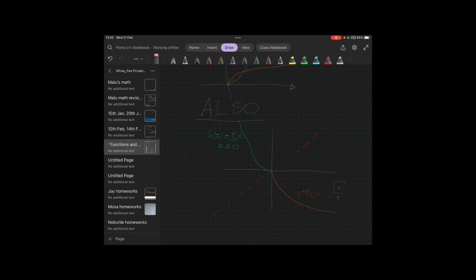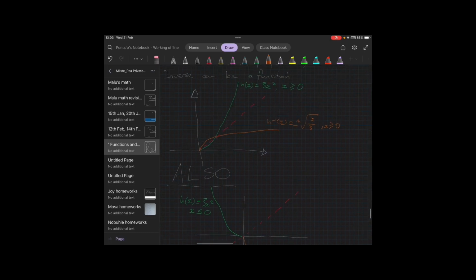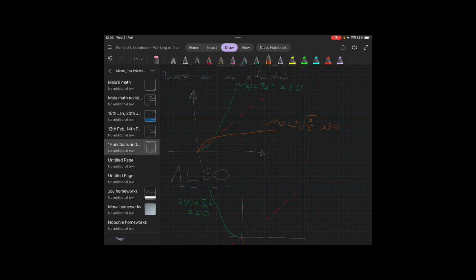Okay. This one, we must be careful. We must be careful because it's only the negative half of that function that is a function. And here, we must be careful as well because it's only the positive half of that that is a function.